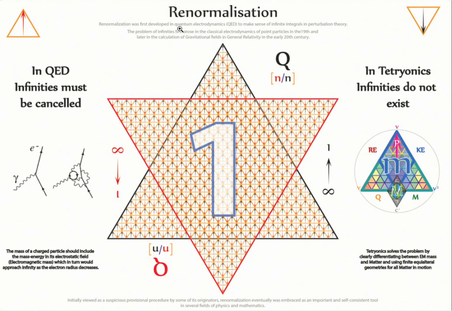There's no need to renormalize infinities. In fact, within Tetryonics there will be no infinities. There will all be finite numbers and quanta.